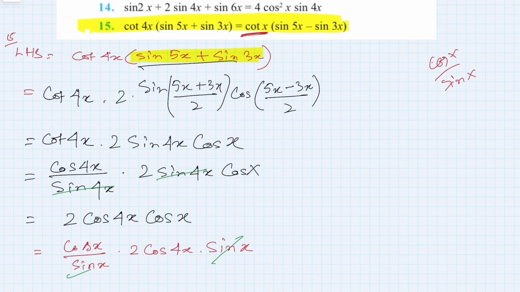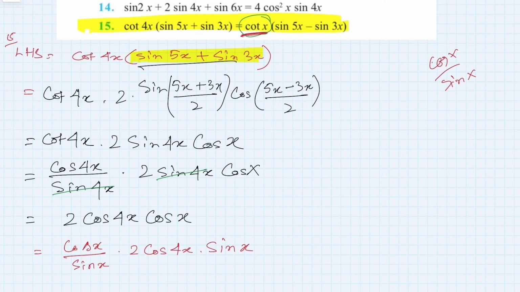If you cancel sin x, then again 2 cos 4x and cos x, you will get this. Hope you have understood this step. We have done this simplification in order to obtain cot x on the right hand side of this question number 15.